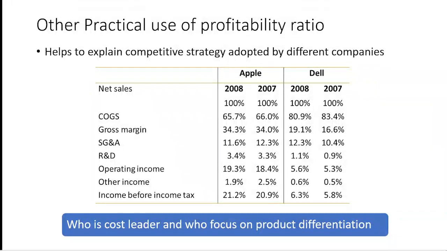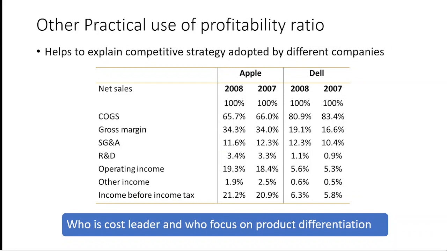Then the gross margin is there, and then you can look at the selling and general expenses. Both the companies are pretty much the same. They are spending about the same amount of money, but does it mean that they are the same? It may not be, because Dell may be spending more on institutional sales, Apple may be spending more on direct to consumer sales. So that's the difference between the two companies.